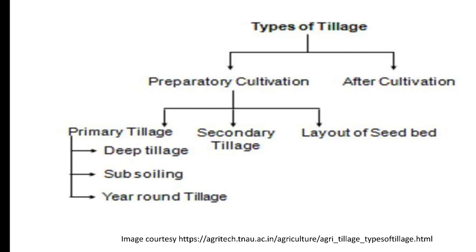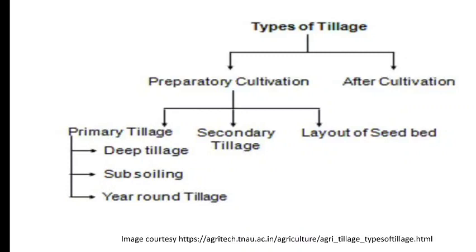Deep tillage, subsoiling and year round tillage are three subtypes of primary tillage. I would suggest you personally find the difference between these three tillages. And layout of seed bed: preparation of seed bed uses a leveler and clod breaker, so using them we make a layout of the seed bed according to crop requirement.